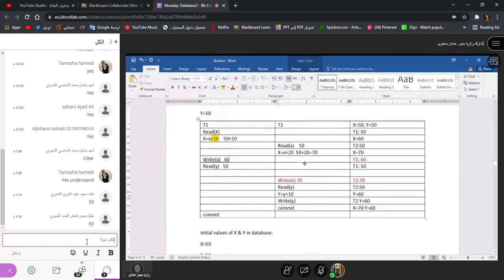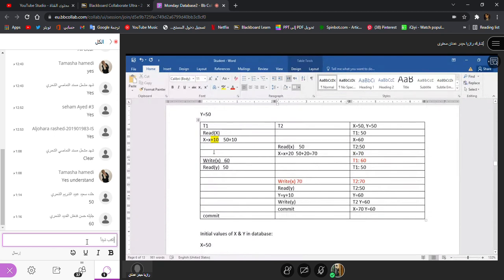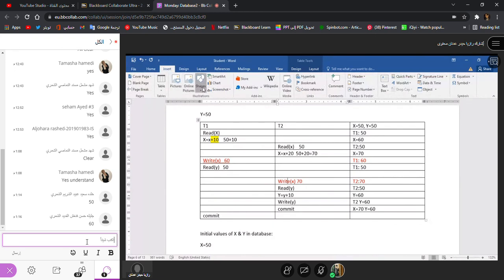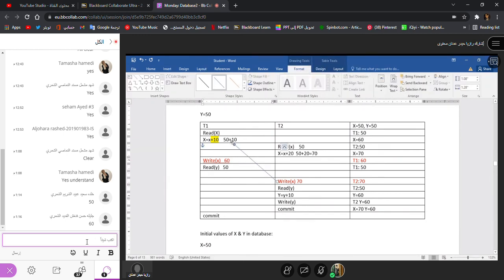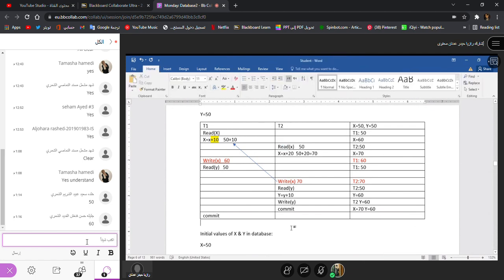X is the problem because both were reading and writing. Here it wrote x and here it wrote x, right? But because of this, we have lost this update. This update is lost.